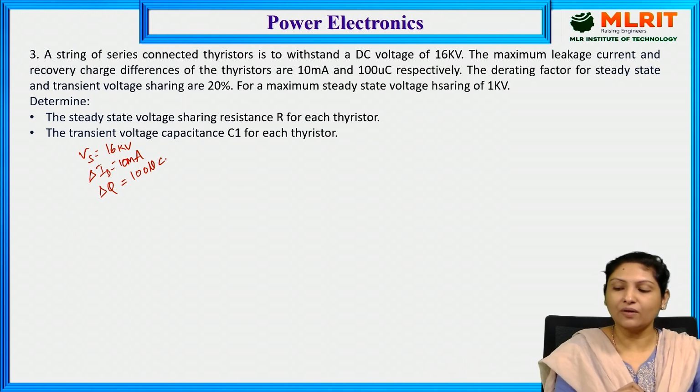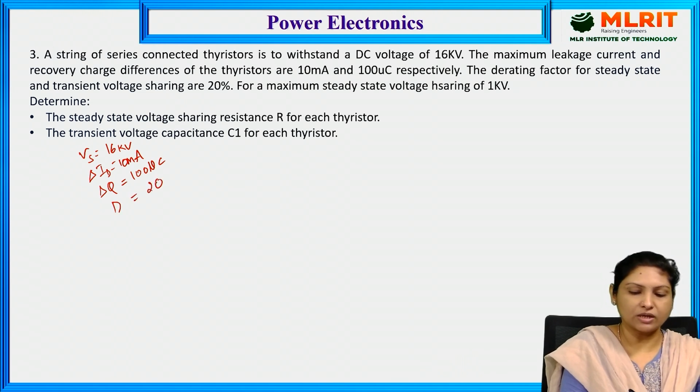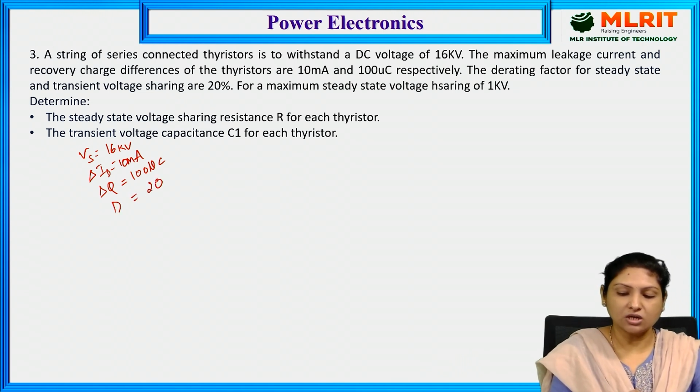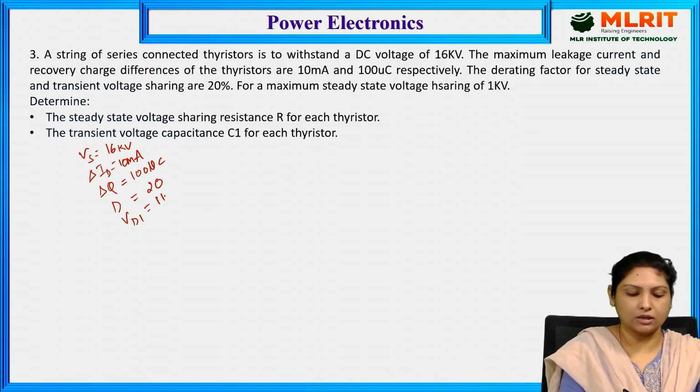And the percentage derating factor for steady state and transient voltage sharing is given by 20 for a maximum steady state voltage sharing of 1 kilovolt. Let us denote this with VD1 equal to 1 kilovolt.